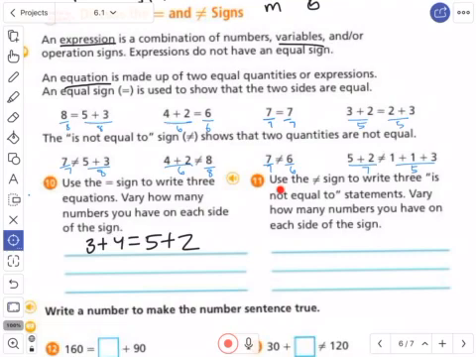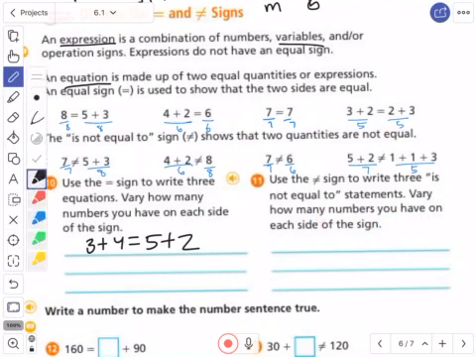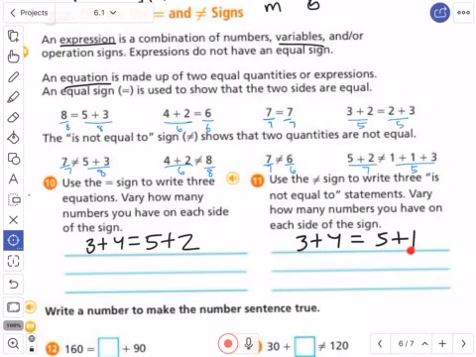Then number 11 says use the does not equal sign to write 3 not equal to statements. Vary how many numbers you have on each side of the sign. This time I'm going to write 3 plus 4 does not equal 5 plus 1, because this equals 7, this equals 6. So you just have to write 2 more that do equal, and 2 more that do not equal.